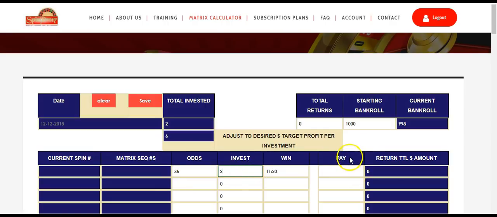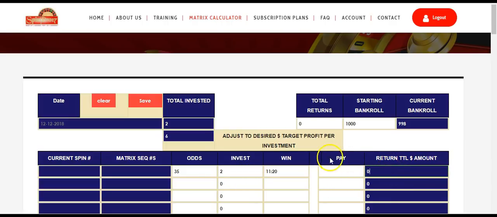One thing I want to illustrate real quick. Don't worry about the pay column. The purpose of this pay column is when you have single outcomes, like if you were just playing one number and whatever the odds pay, like 35 to 1, you put it in here, it should come out saying 36, and if you have 2 numbers, it will show 72 automatically in the return column.